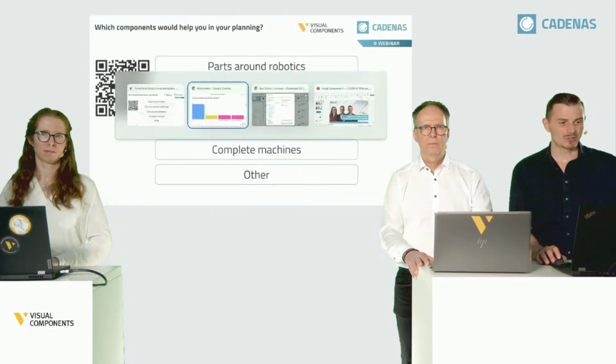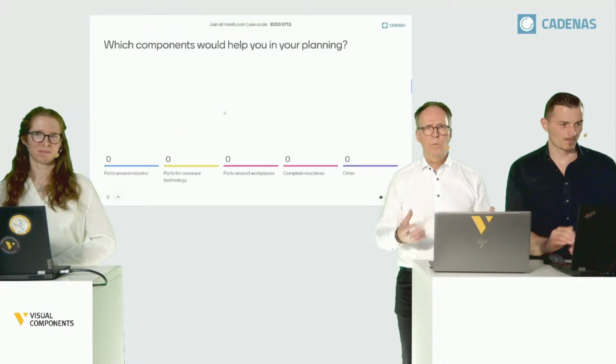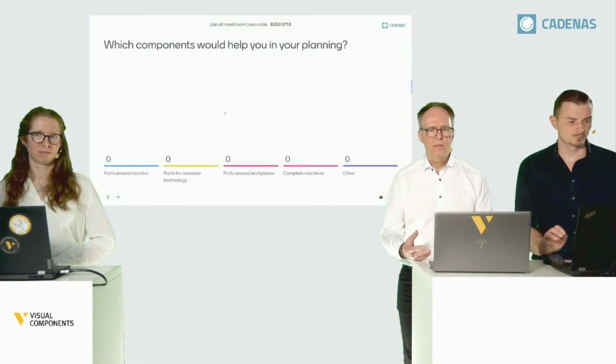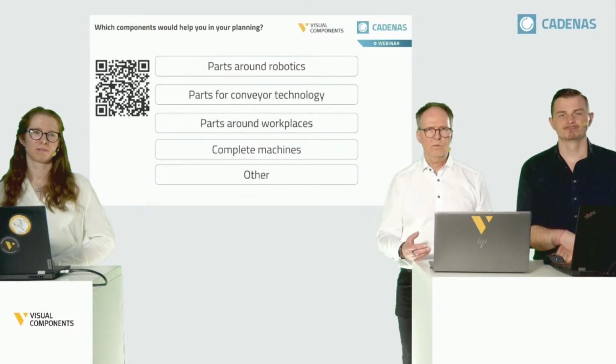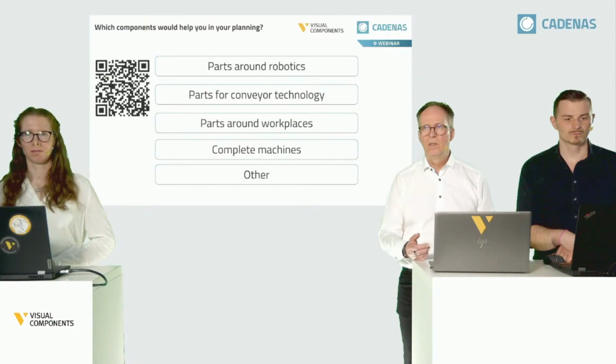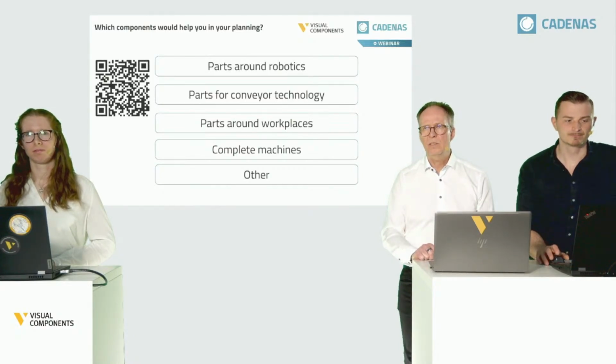And what is the next question, Matthias? Yeah, it's a really important question for us. So what are you looking for? If you are thinking about a component catalog from CADENAS and also from Visual Components, what are you looking for? Is it more parts around the robotic automation side?